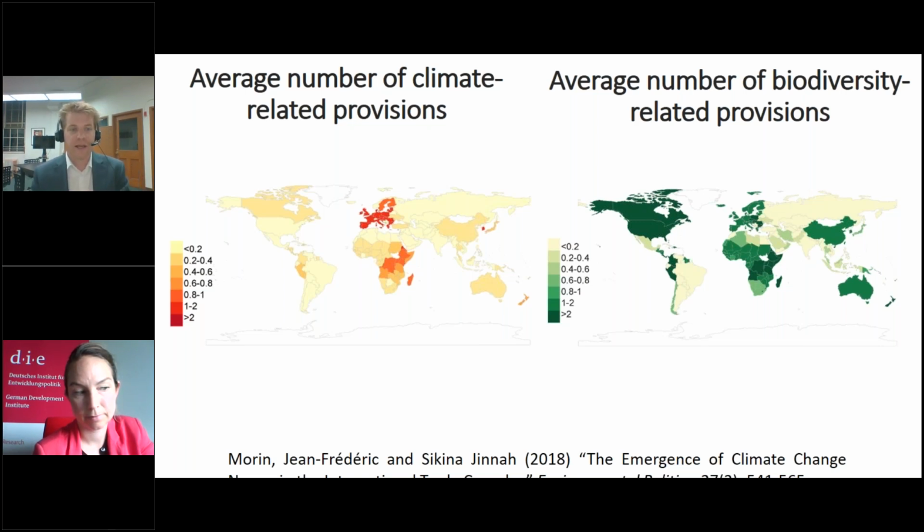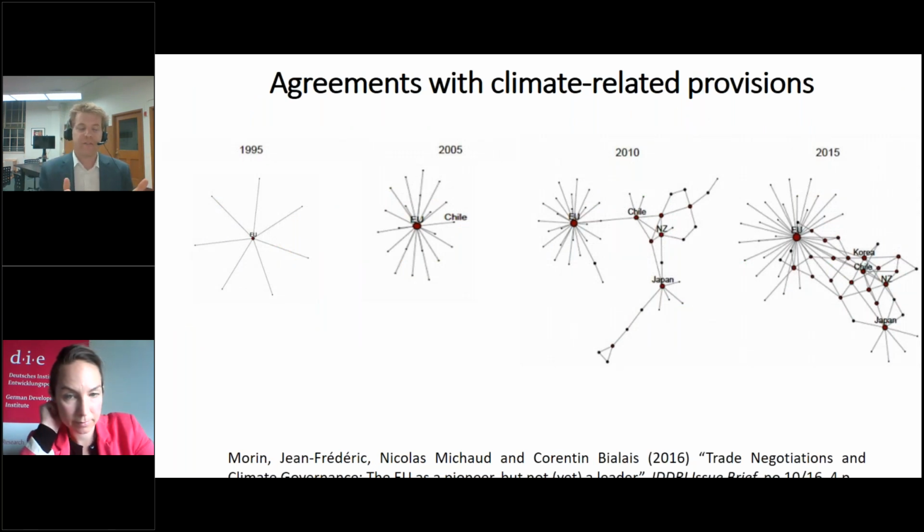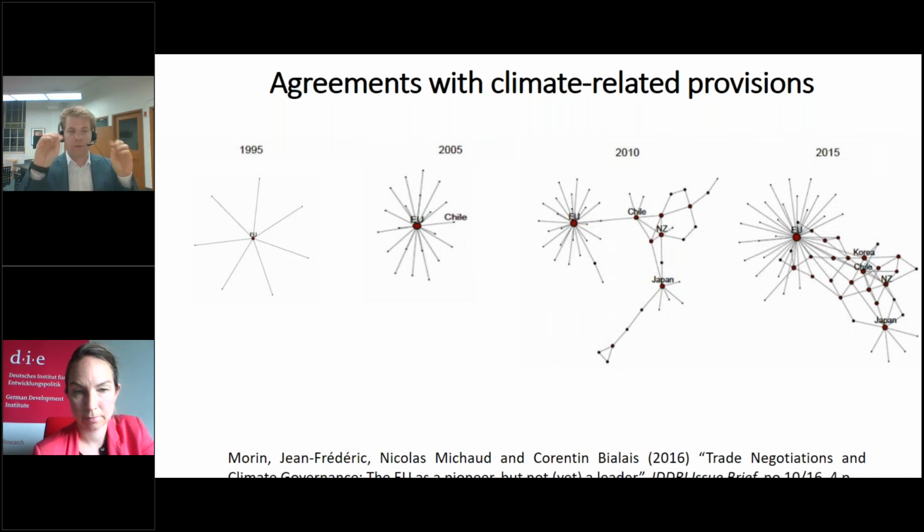As you can see from this slide here, in 1995, basically every single trade agreement mentioning climate change, or having provisions directly relevant to climate change, was an EU agreement. In these networks, each dot is an entity, a negotiating party or a country, and each line connecting two dots is a different trade agreement including climate provisions.